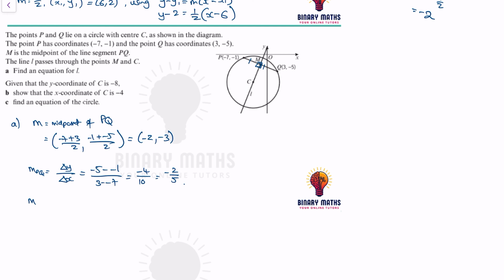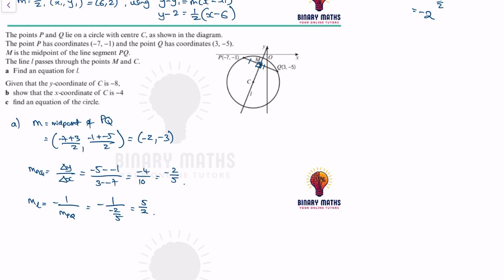Now the gradient of L, because L is perpendicular to PQ, is the negative reciprocal of the gradient between P and Q, which is -1 over -2 over 5, which gives me +5 over 2.